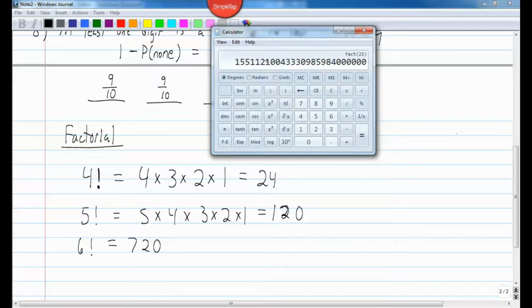I have no idea how big that would be. But I guarantee you most calculators won't carry it out that many places. Some of these formulas require us to divide things like 25 factorial, say, by 20 factorial. That's just the way that the formulas sometimes work out. But we don't expect you to have a calculator that would take out 25 factorial.